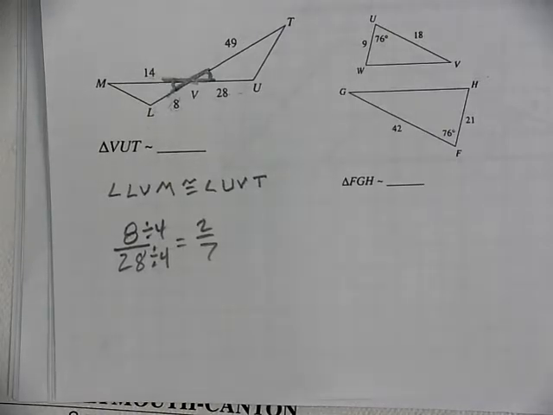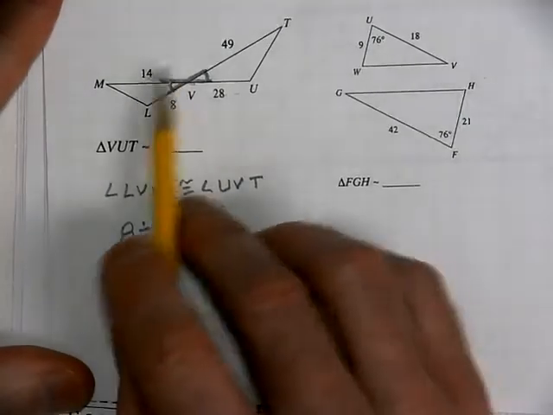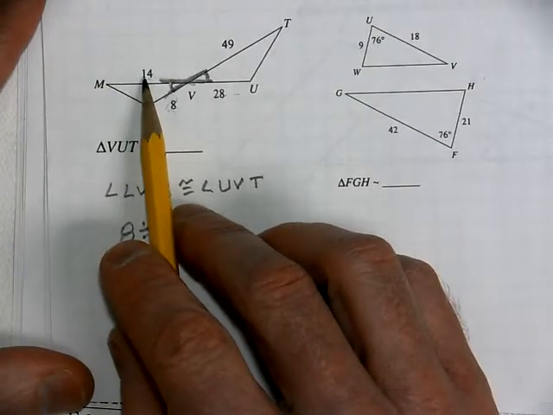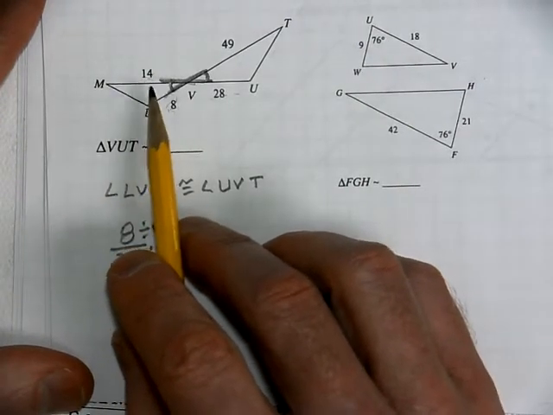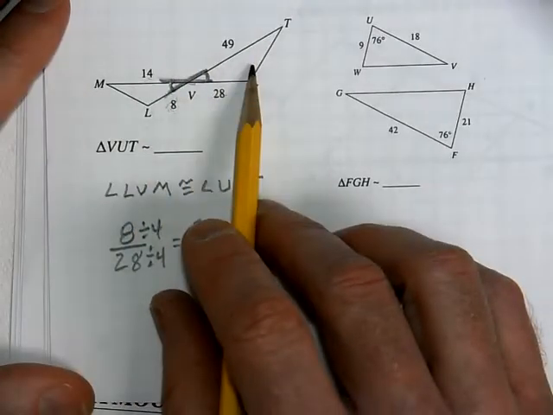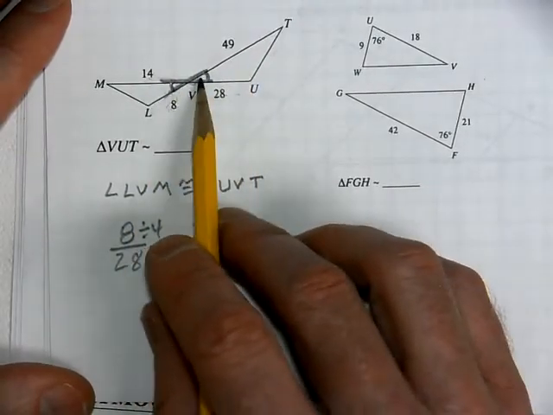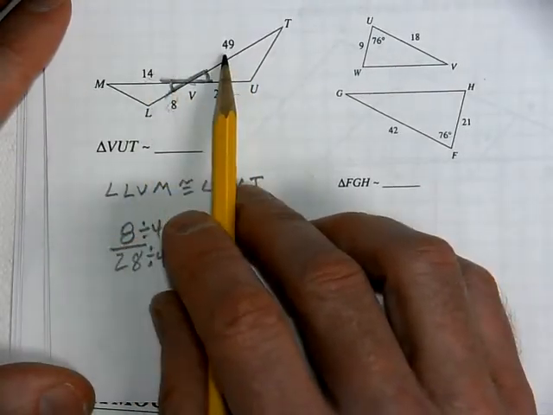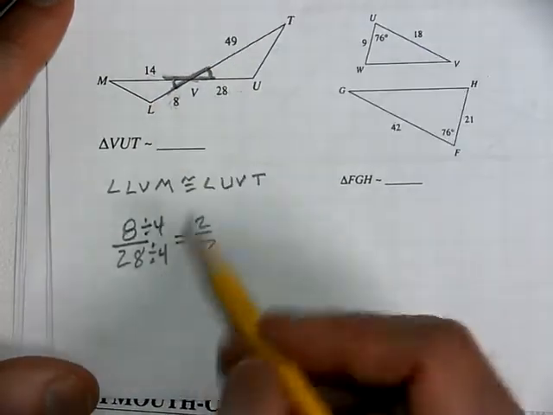So let's get the other bit of information. Let's look at the longer side. As the small triangle became the big triangle, the angle stayed the same and the sides got longer. So the 14 became the 49.